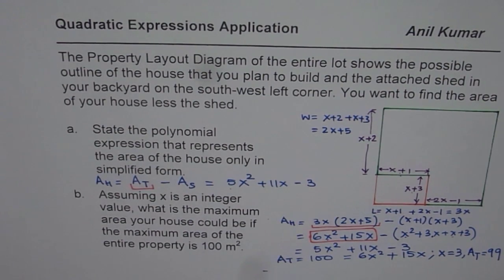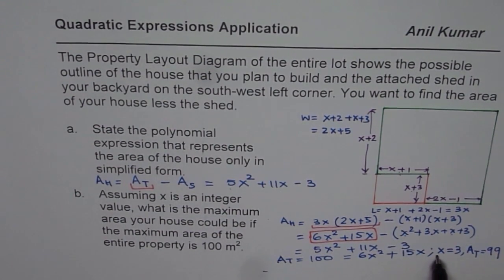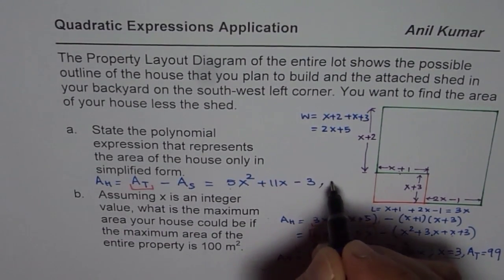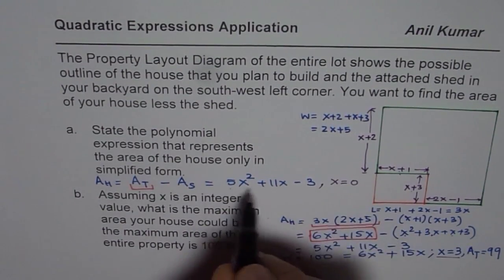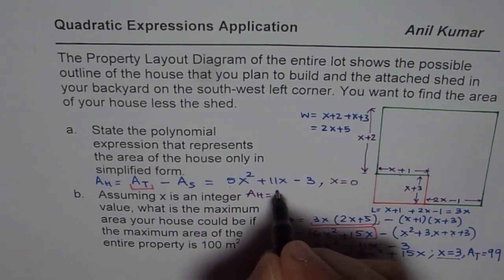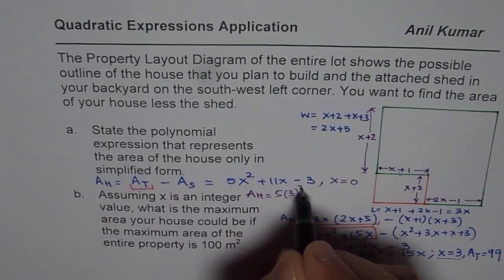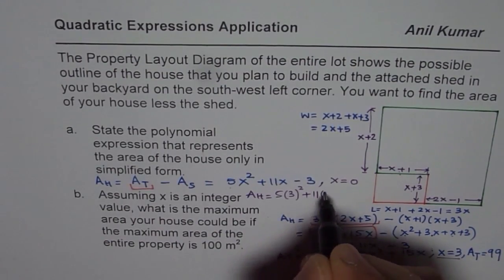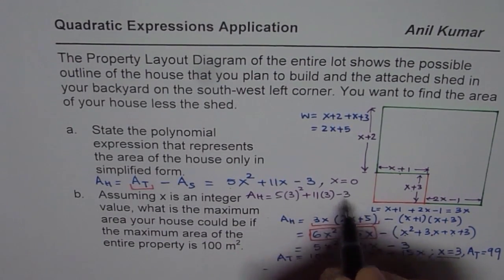Do you get the idea? So now what we are going to do is substitute the value of x equals 3 in our equation and then find the answer. Do you get the point? So for us, x is 3. If I substitute x equals 3, then the area of the house which I get is 5 times 3 squared plus 11 times 3 minus 3, right?